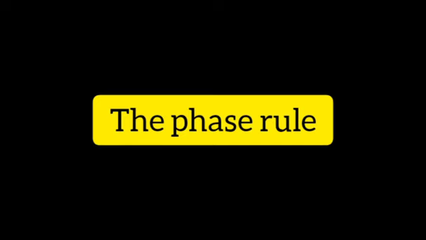We begin by finding the total conceivable number of intrinsic variables that will be needed to describe the state of a system containing C components and P phases. These are listed, along with the equations that connect these variables.